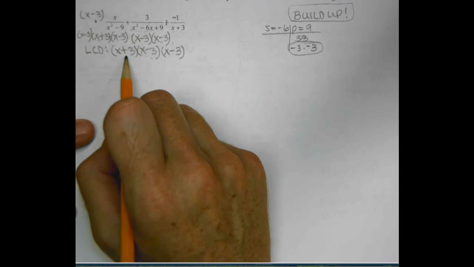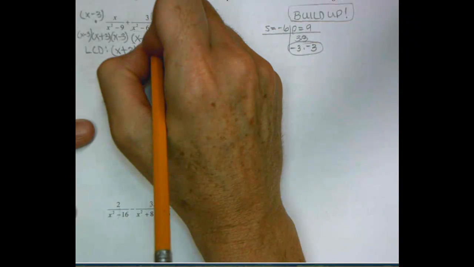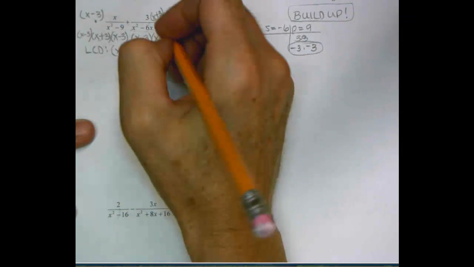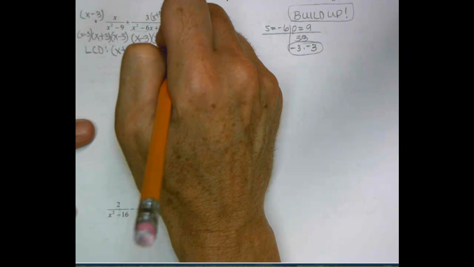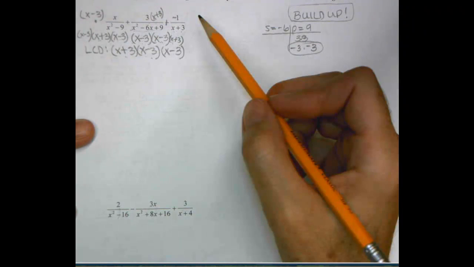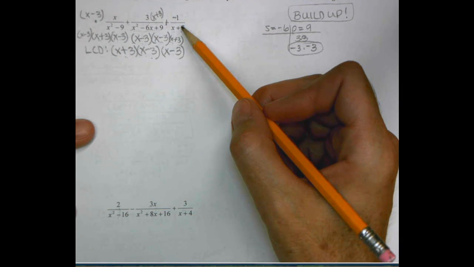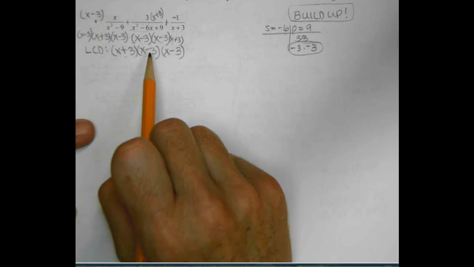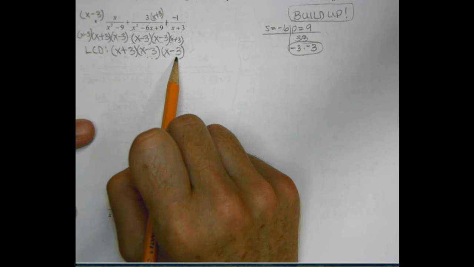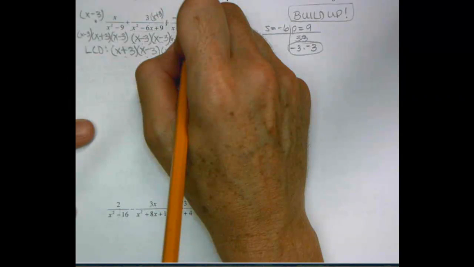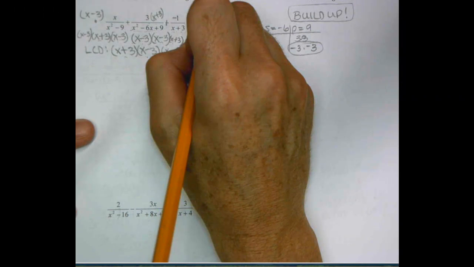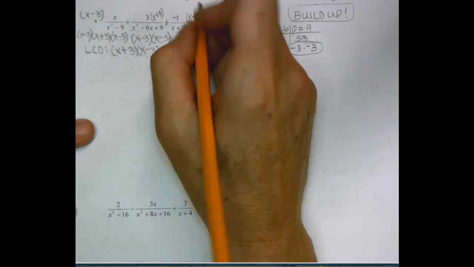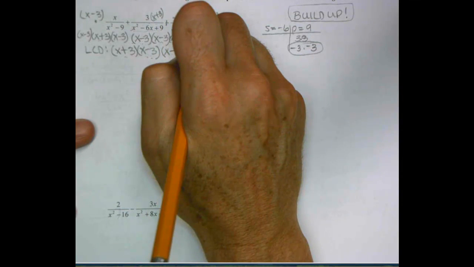So I need this x plus 3, so I'll make sure I multiply x plus 3 there. And I'll have to multiply it here too. And then for my last rational, I have the x plus 3. I'm missing the 2 x minus 3's, and I need to multiply by both of them over themselves.